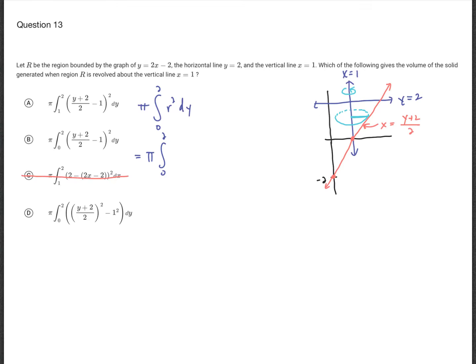And that means this whole distance is y plus 2 over 2, so we have to subtract 1 to get this radius. So that radius that we're squaring is y plus 2 over 2, but then minus 1. Alright, so that should be it there. Is that an answer choice? Yes, that's B.